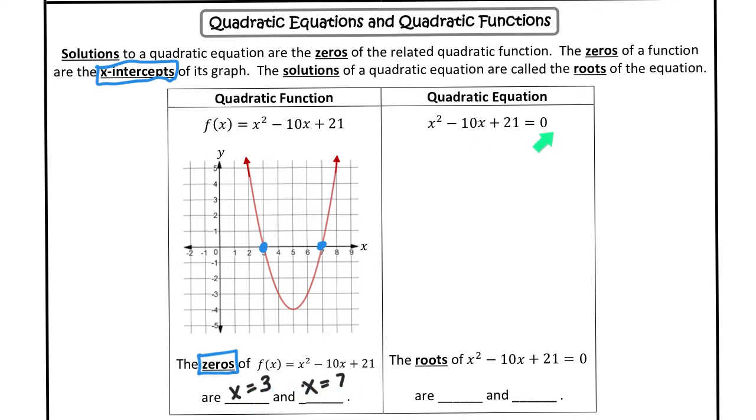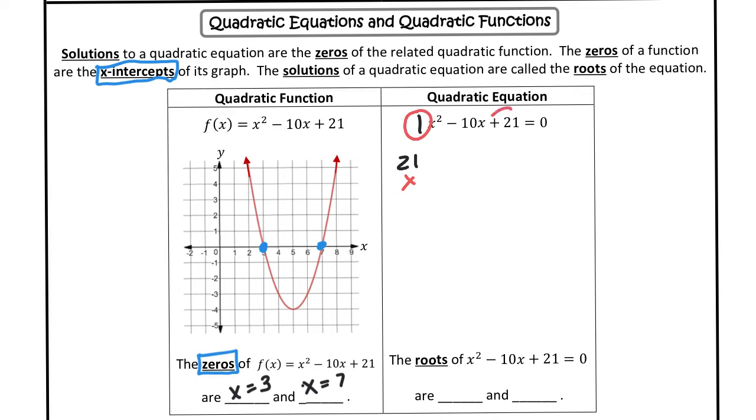And then over here, if we factor this, we can factor using the table method, right? 1 times 21 is 21. So I'm looking for two numbers. There's a 1 in front here.